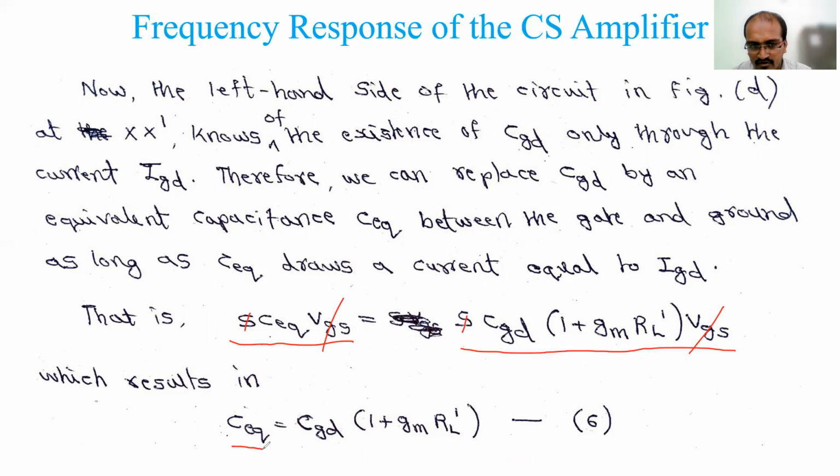That is our expression for C equivalent. So now C equivalent becomes CGD, the gate to drain capacitance, into this multiplier, 1 plus GM RL dash. Using this, we will replace the circuit by this C equivalent. So the third set of circuit we are going to see in this category.